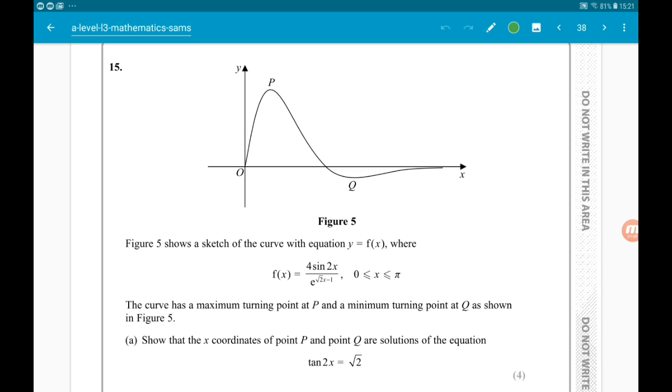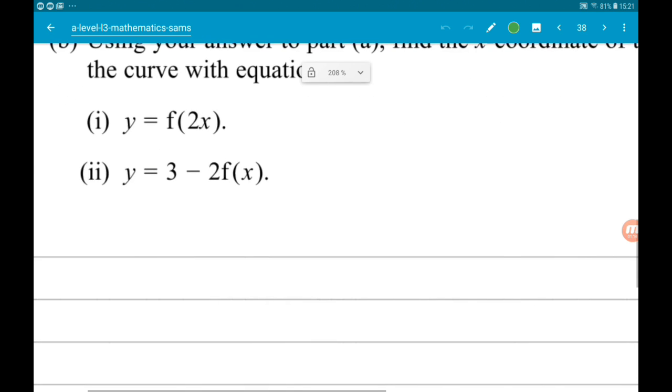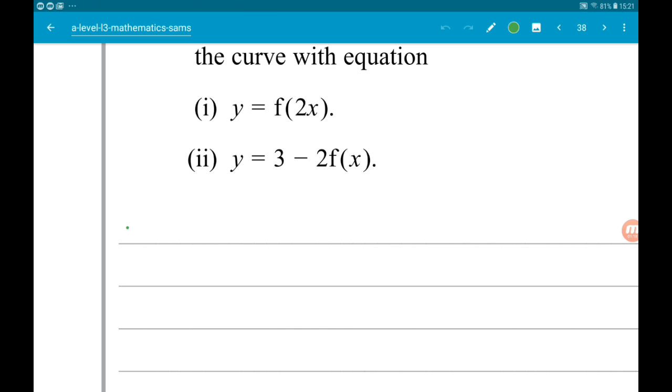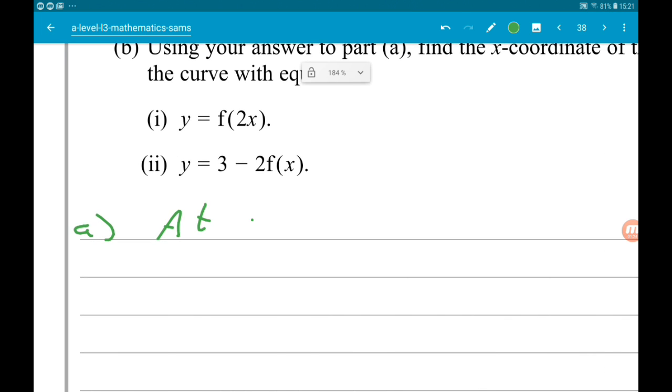Okay, so it's only 4 marks. So at turning points, df by dx is equal to 0.